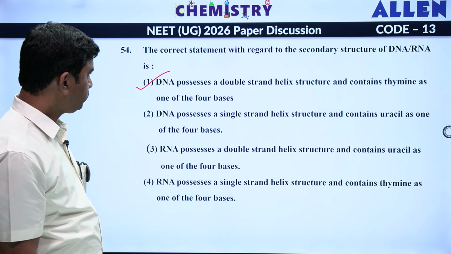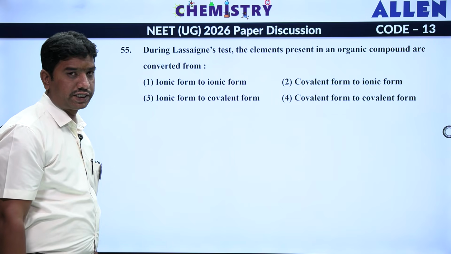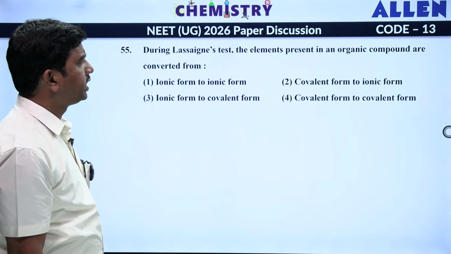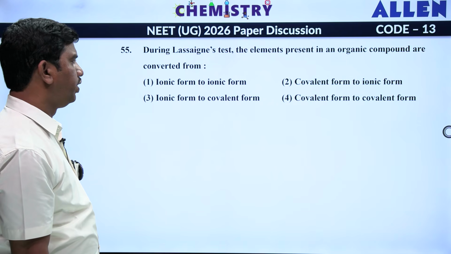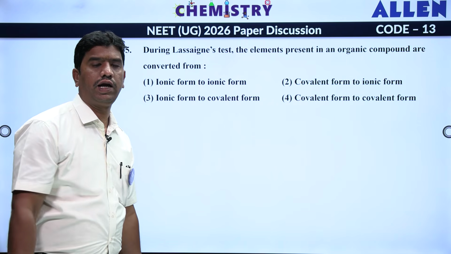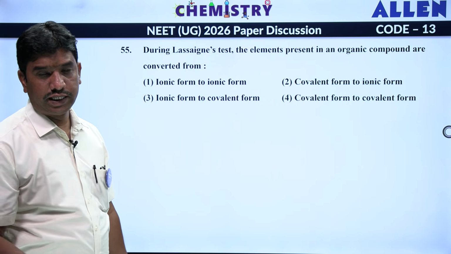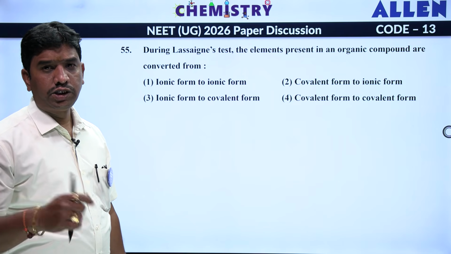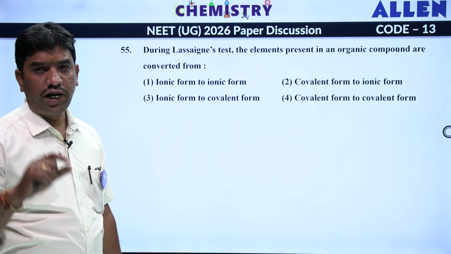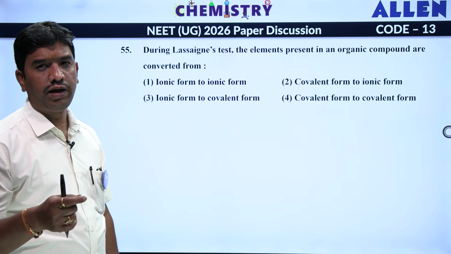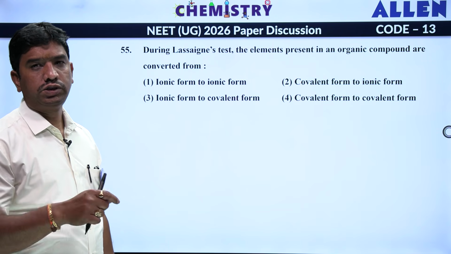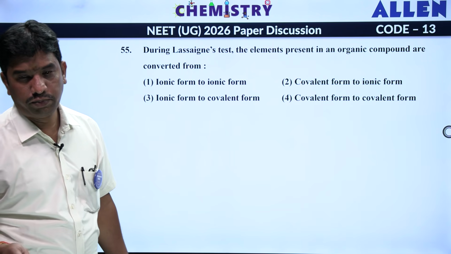Next one. During Lassaigne's test, the elements present in an organic compound are converted, usually carbon containing organic compounds, by addition of sodium metal in an ignition tube, after heating, the covalent compound is converted to ionic compound.